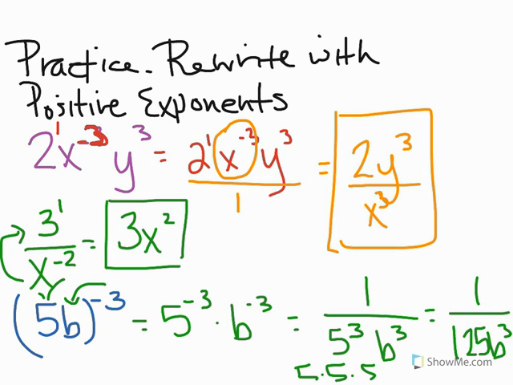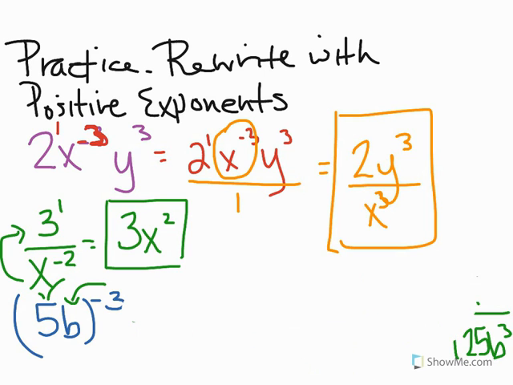Now, I said there was another way to do it, and here's what that one is. Let me erase. Sometimes all the options in Algebra 1 leave you confused about which ones you can use and which ones you can't, so I just want to show you both of them.